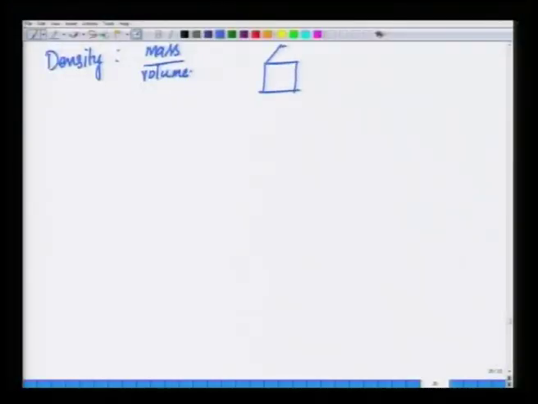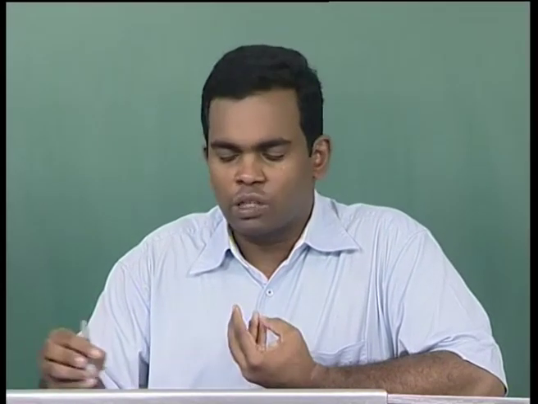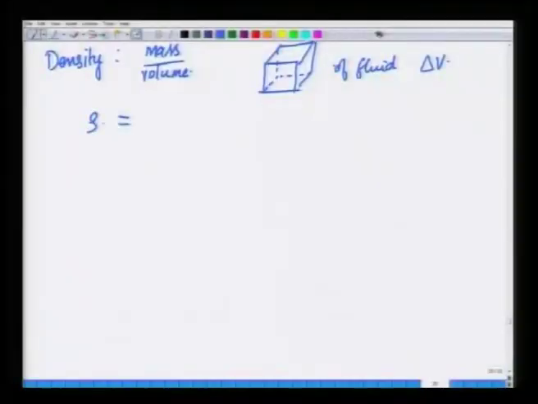For simplicity, let me take a cubic volume. I will take a cube of fluid with a volume delta V. Once I take this volume, I will measure the mass. So, density rho is defined as delta m by delta V. This is the general definition.